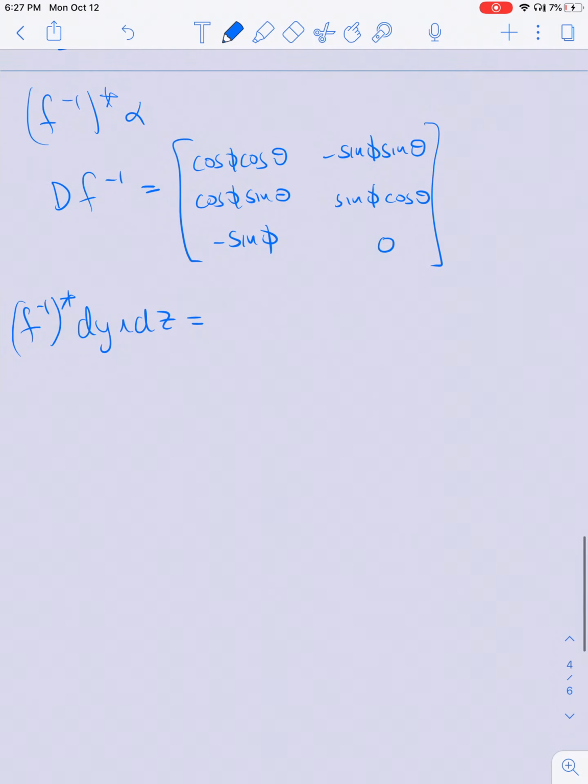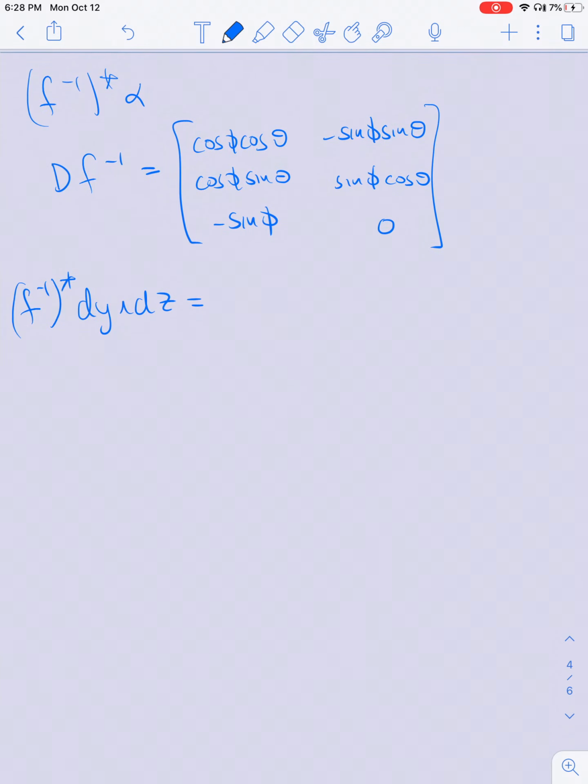So there's a couple ways I can do this. I can compute it by plugging in d by d phi and d by d theta and computing what that is. That'll be the coefficient in front of d phi d theta in the pullback of dy dz. But I personally like to just take the wedge product of the rows of df inverse.